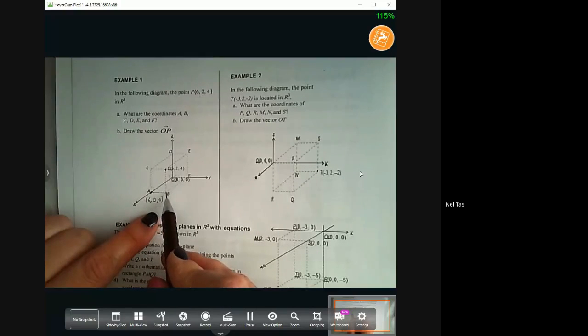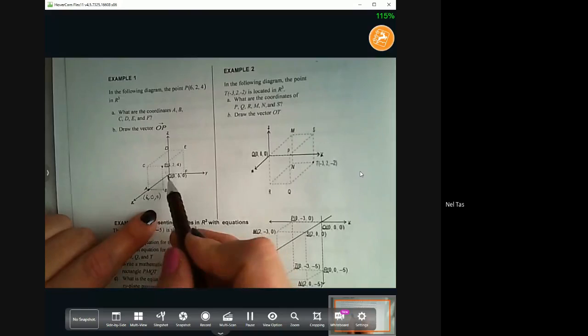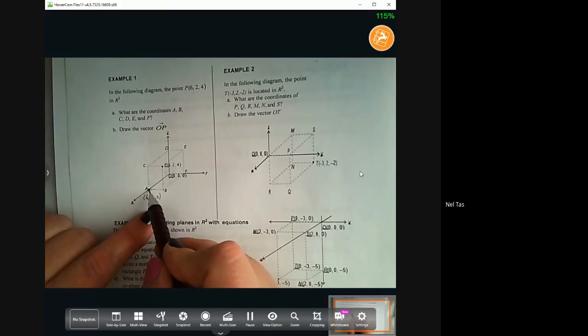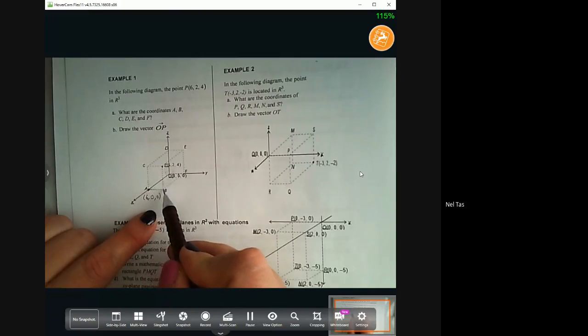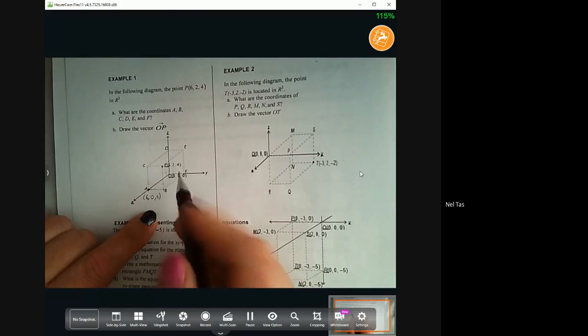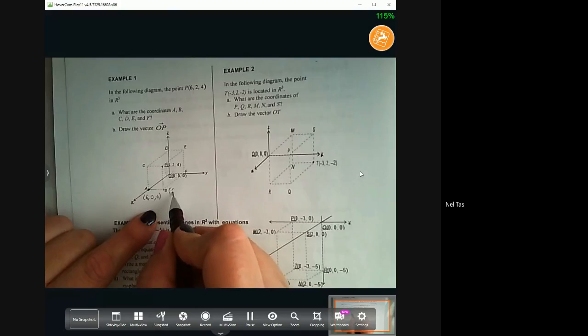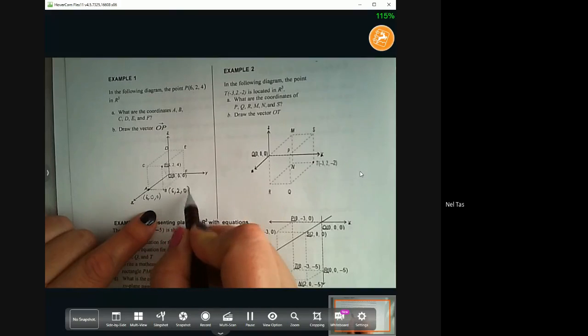So let's look at point B. You go 6 units on the x-axis and 2 units parallel to the y-axis. We don't go up or down, so the z coordinate is 0. So point B is 6 for x, 2 for y, and nothing on z, which is 0.